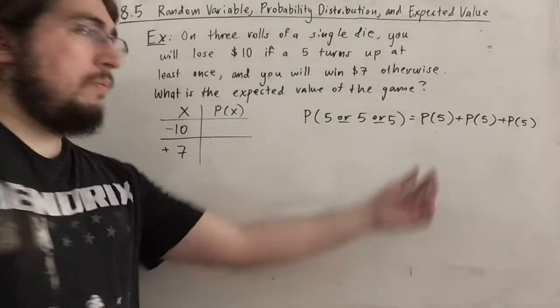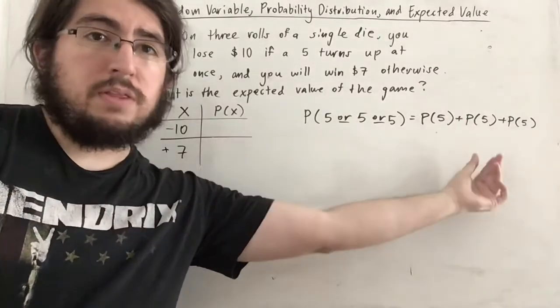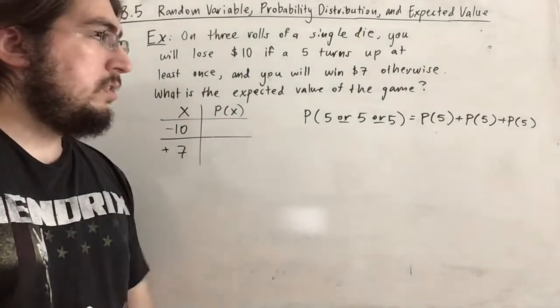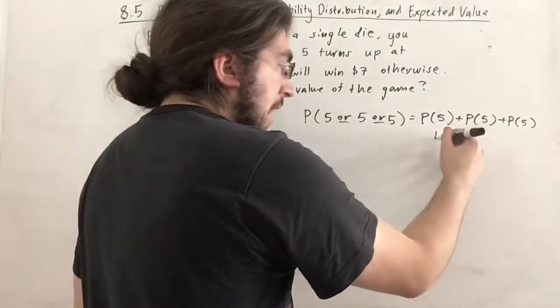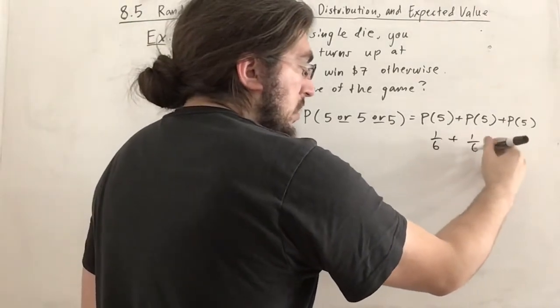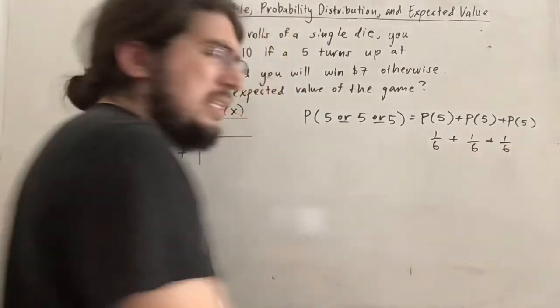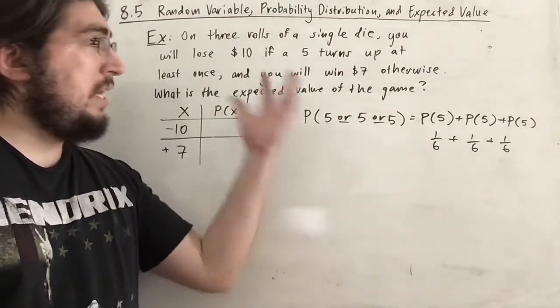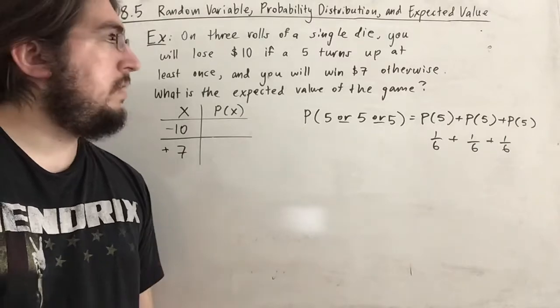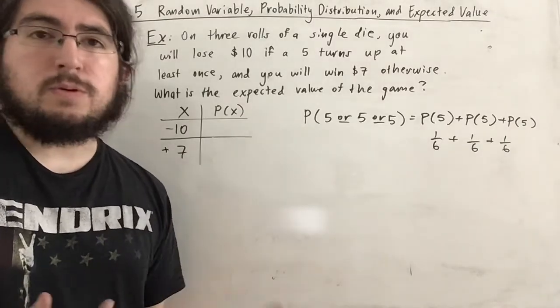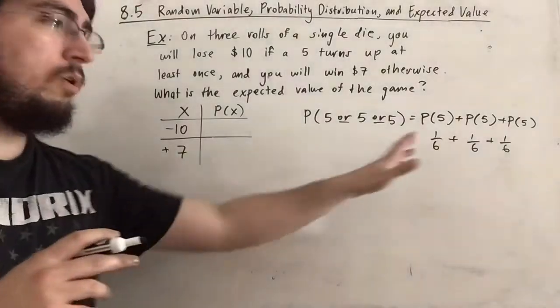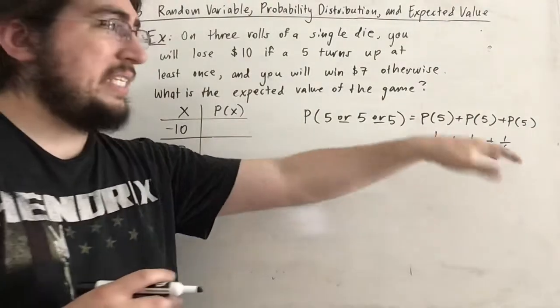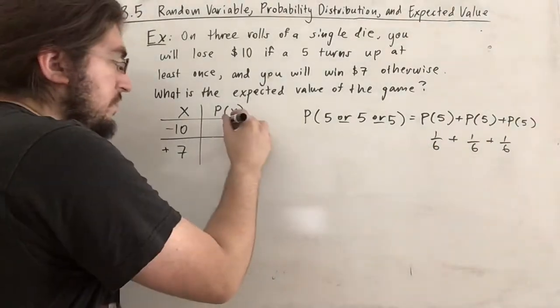So here, all we're really doing is adding 1/6 to itself 3 times. And in fact, the same is true for any number because they all have equal probability. So it didn't have to be 5, it could have been any number between 1 and 6, really. So of course, 1/6 plus 1/6 plus 1/6 is 3/6, which is 1/2.